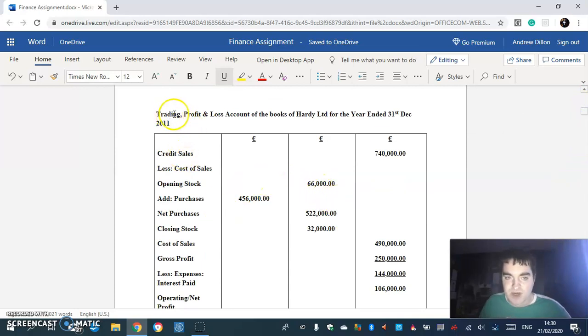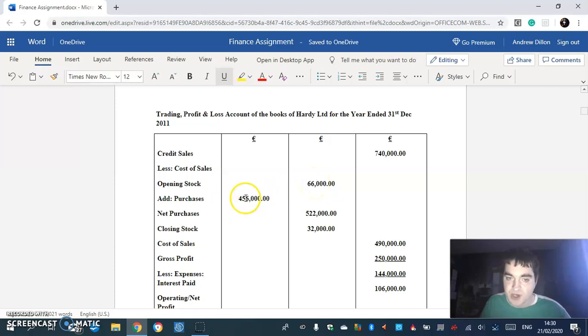So my trading profit and loss account, the books of Hardy Ltd, year ended 31st December 2011. My credit sales is €740,000. They're less the cost of sales, which I did to find my gross profit. Here's my 66,000 of my missing opening stock.